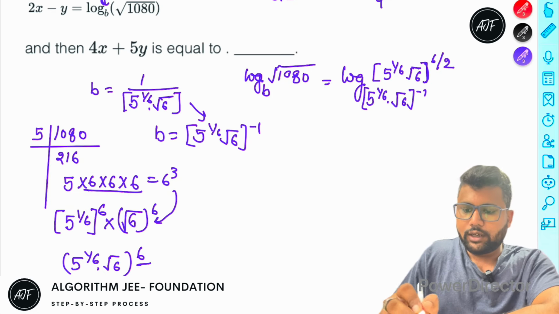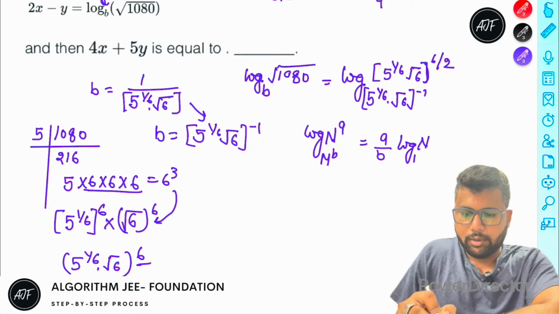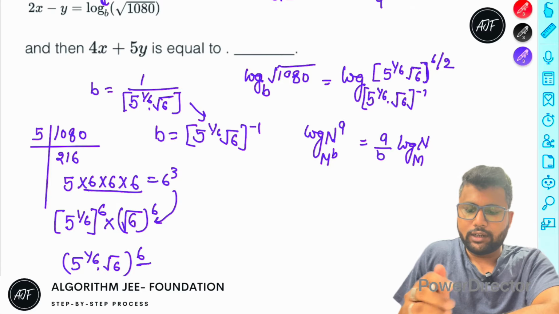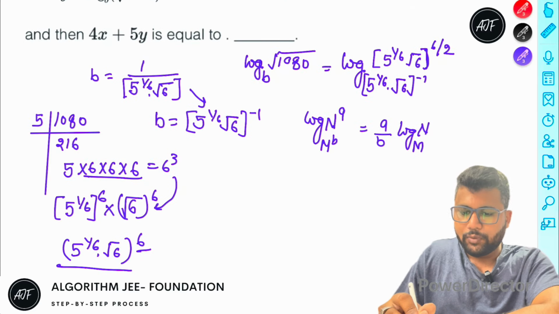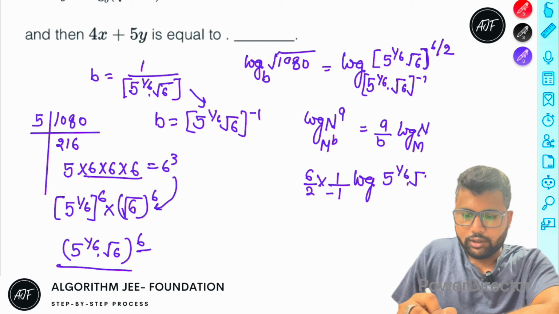Now you see that according to the property, log of n to the power a base m to the power b is a by b log n base m, and both are the same in this question, n and m, so the answer is 1. So it is 6 by 2 and minus 1, and log of 5 to the power 1 by 6 and root 6, and the same 5 to the power 1 by 6 root 6.